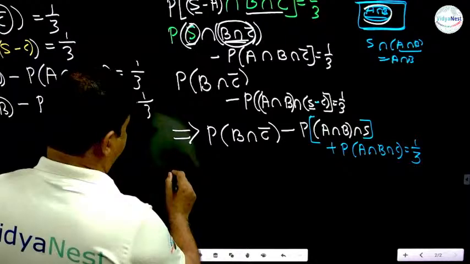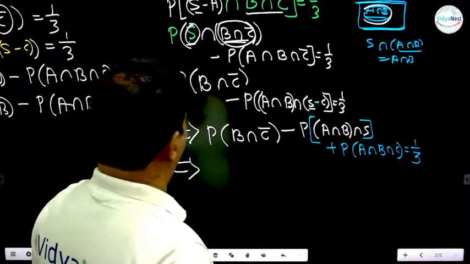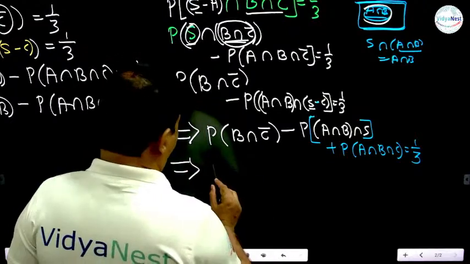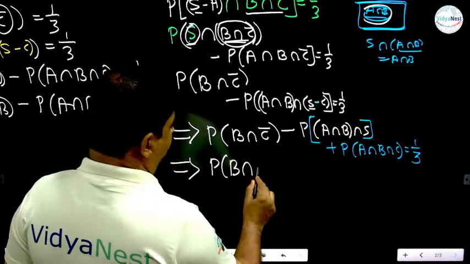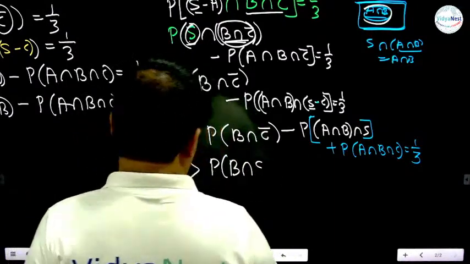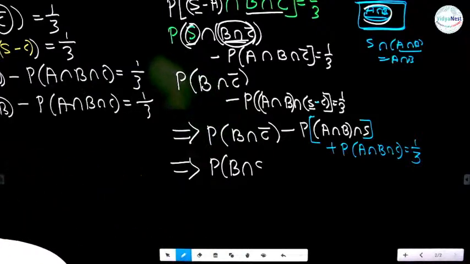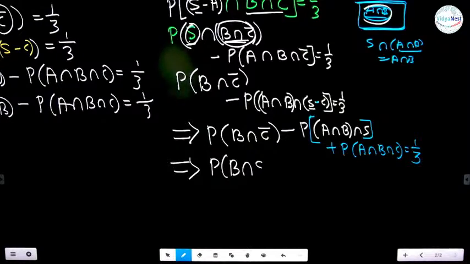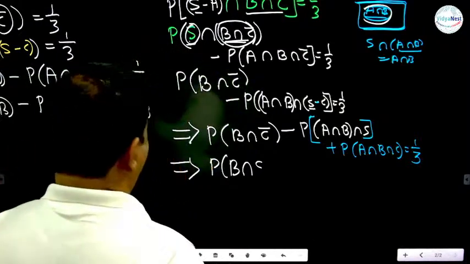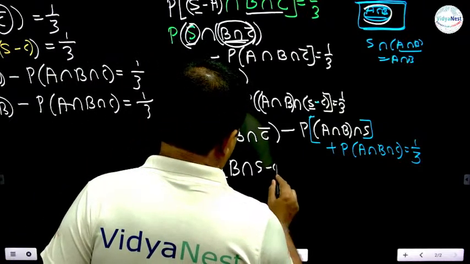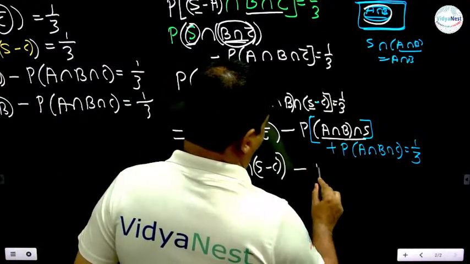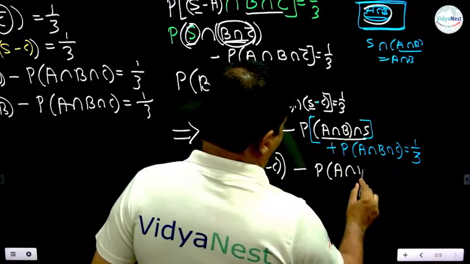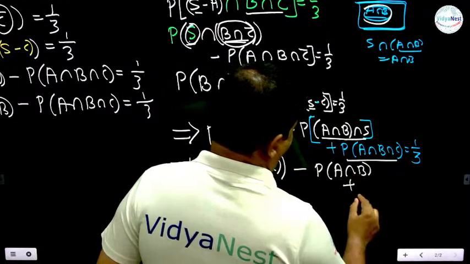So P of B intersection, instead of C complement, what to find? B intersection C. Instead of C complement, we can write S minus C. Here, instead of this, I can write A intersection B, and this will remain unaltered.